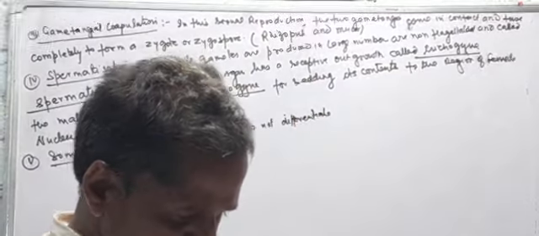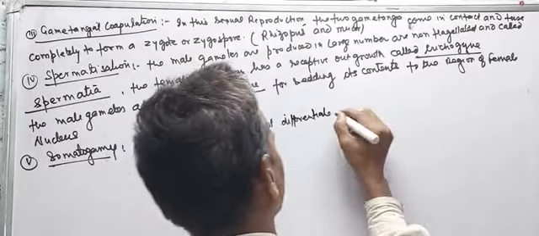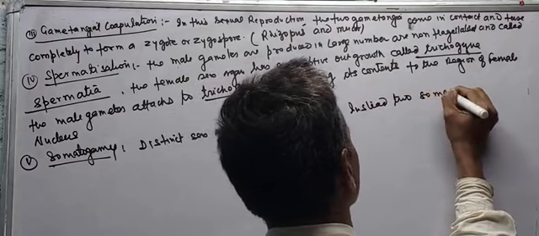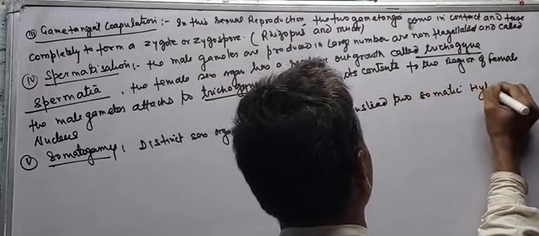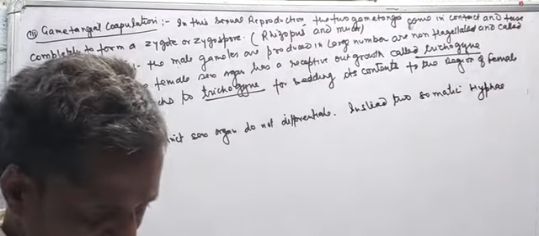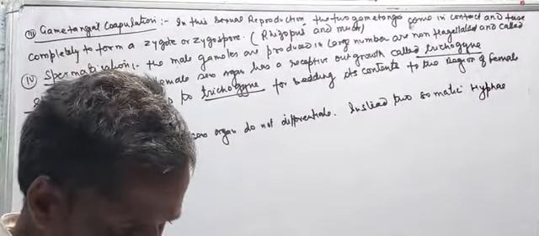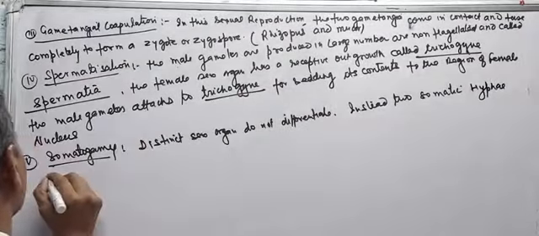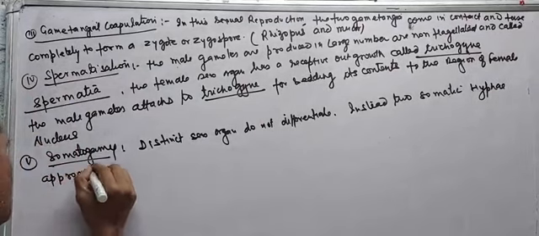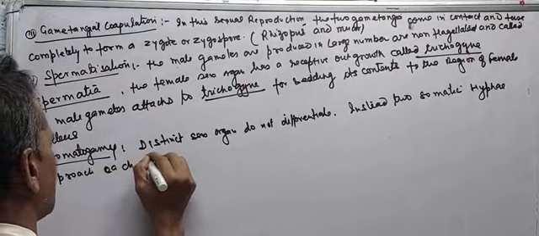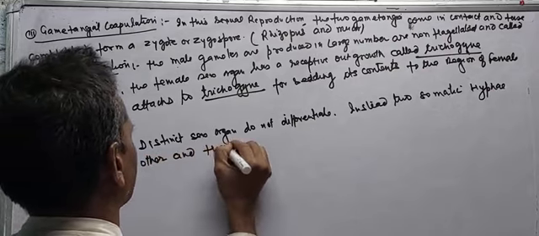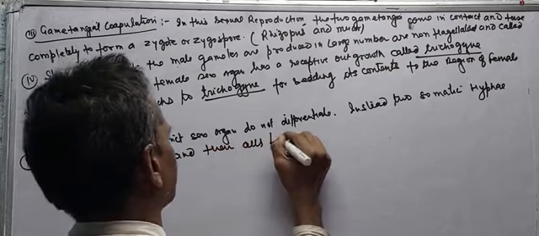Instead, two somatic hyphae approach each other and their cells fuse.